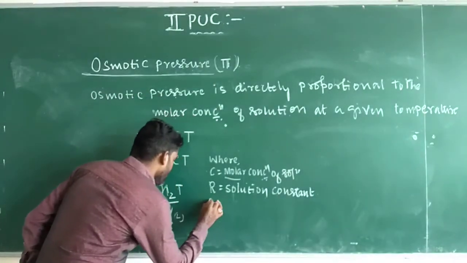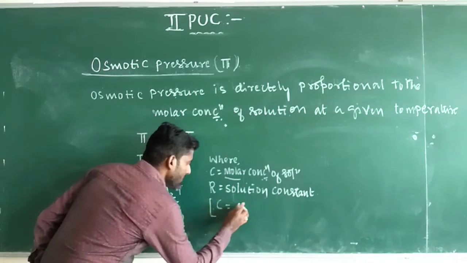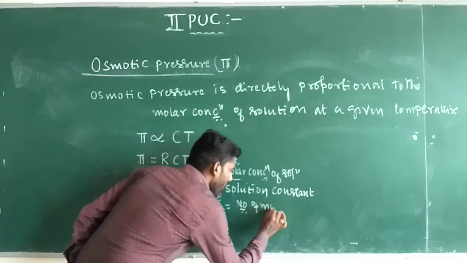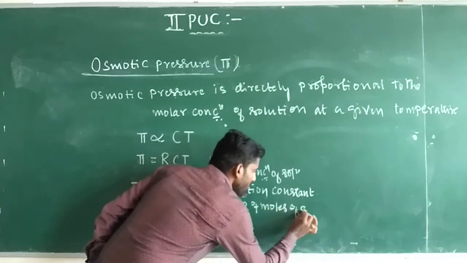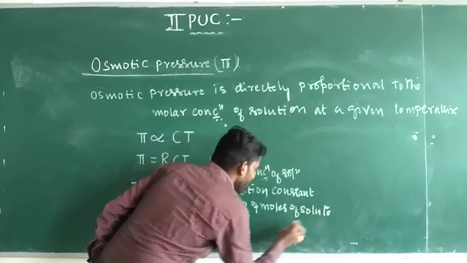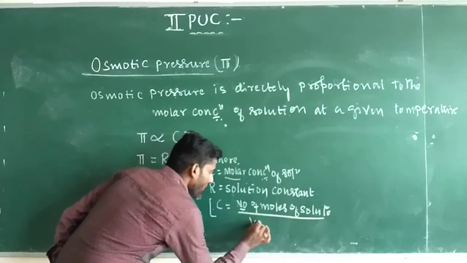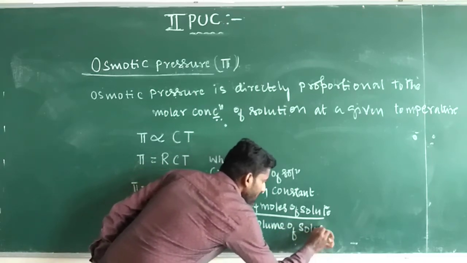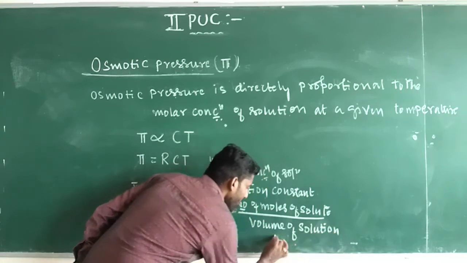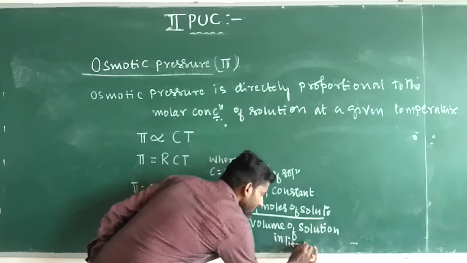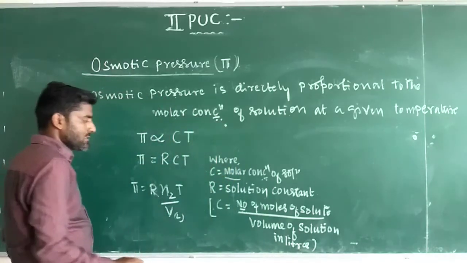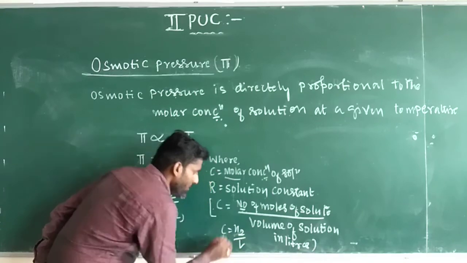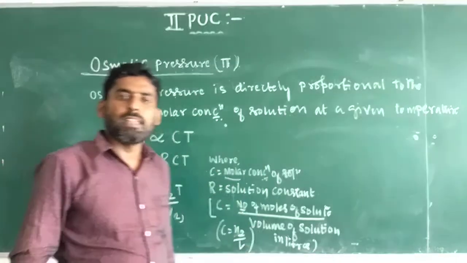So C is equal to N2 divided by V. So that is molarity.